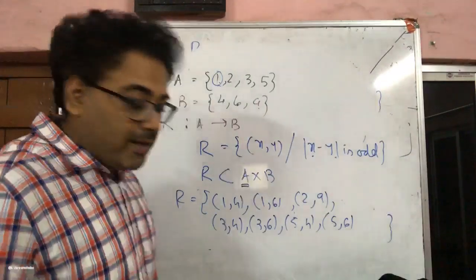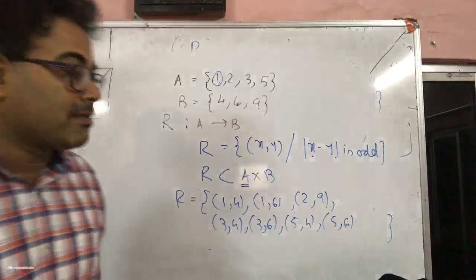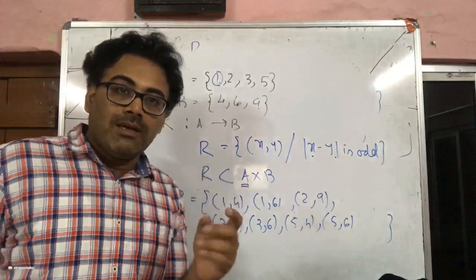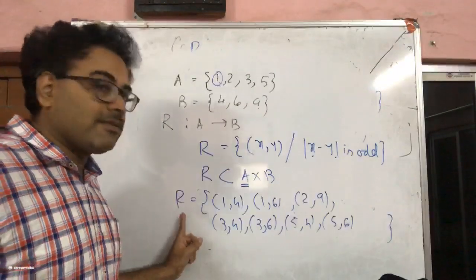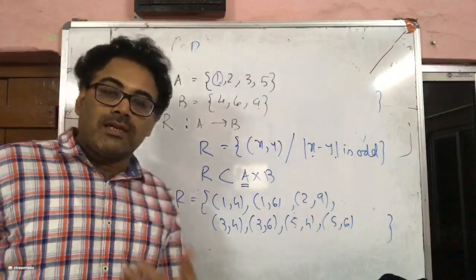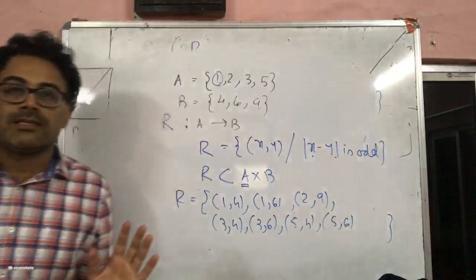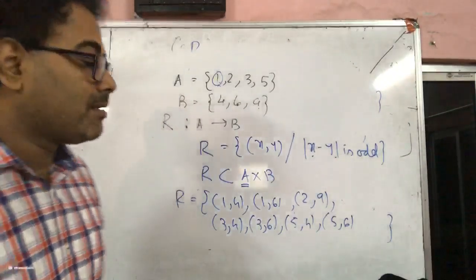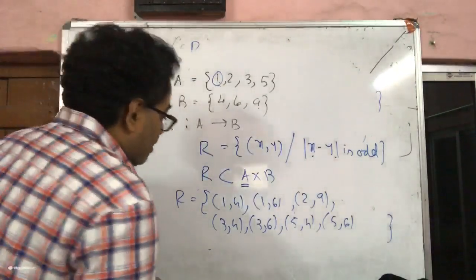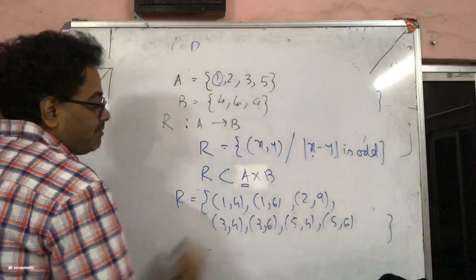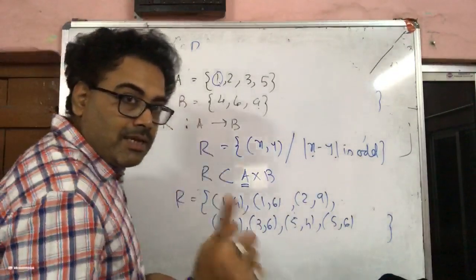Two to the power 12, fantastic answer. Yes, and out of 2 to the power 12, one relation is that relation. So there are 2 to the power 12 relations, and out of them, this is the single relation which is given in the question.